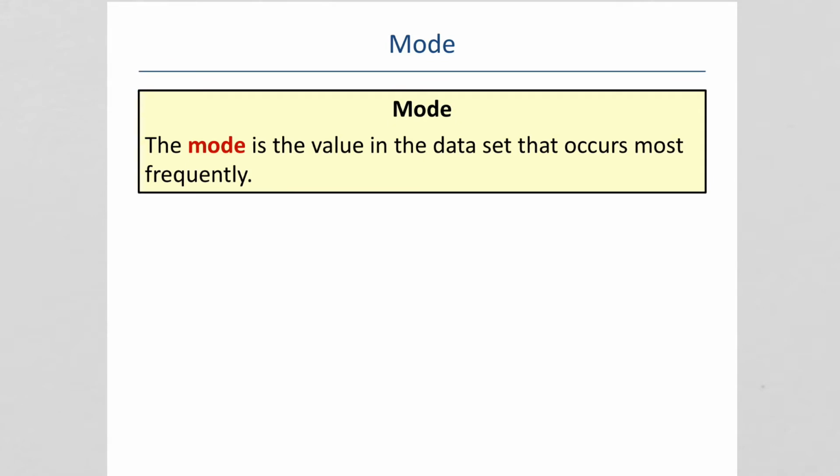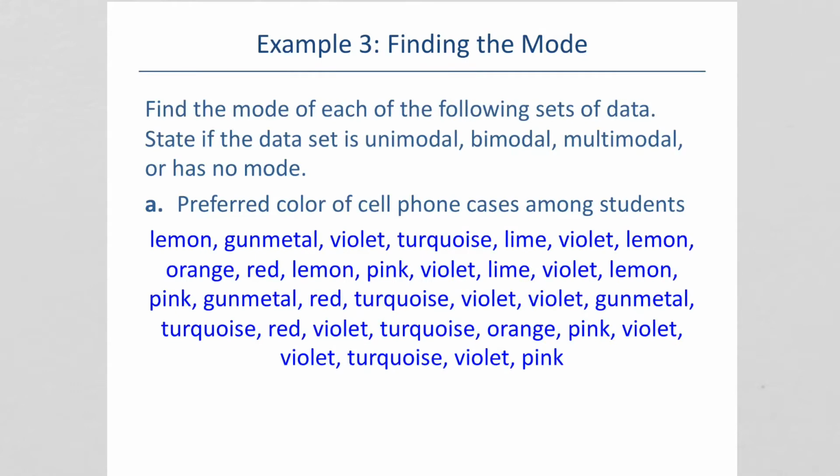The mode is the value in the data set that occurs the most frequently. Find the mode of each of the following sets of data. State if the data set is unimodal, bimodal, multimodal, or has no mode. And you'll see what that means as we work these problems. So this one, I'm going to go ahead and tell you, the most used in here is violet.